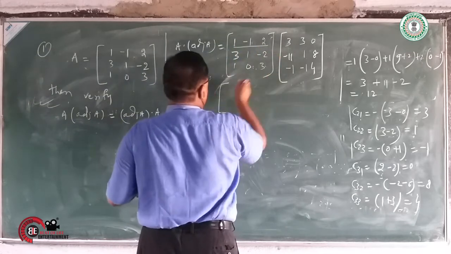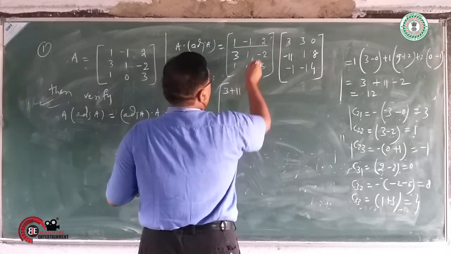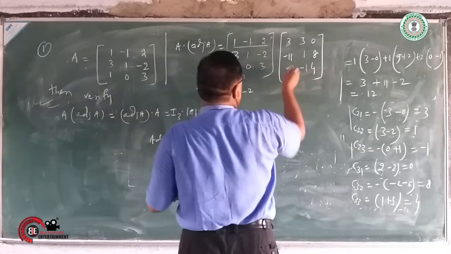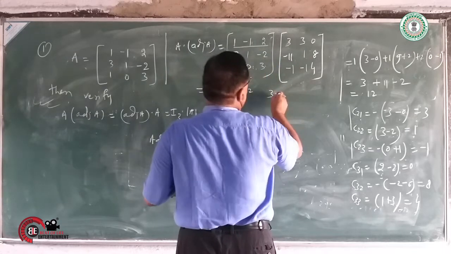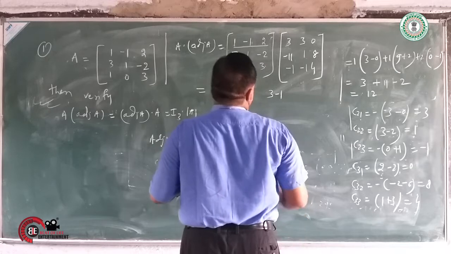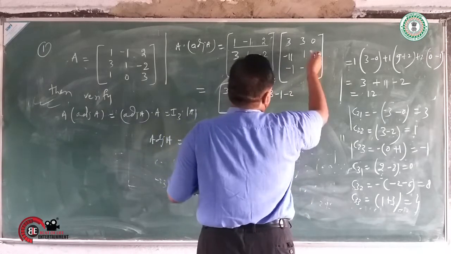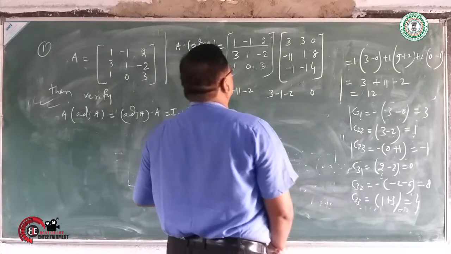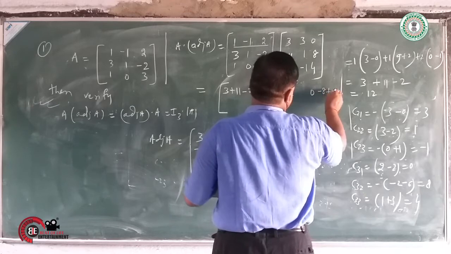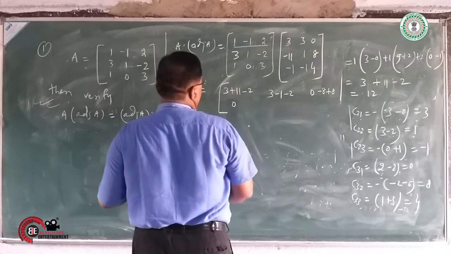So 1 into 3 plus 11 and minus 2. 1 into 3 minus 1 and minus 2. 1 into 0 and minus 8 plus 8, so it will also be 0.